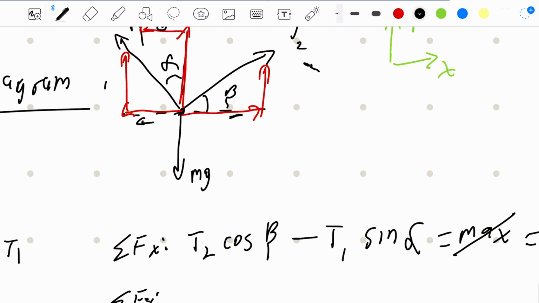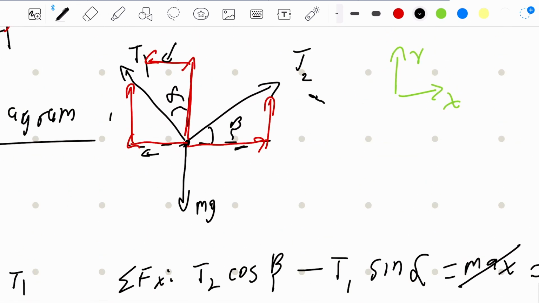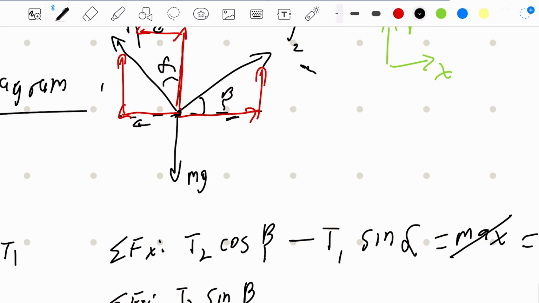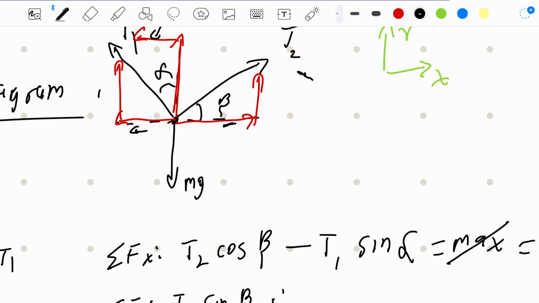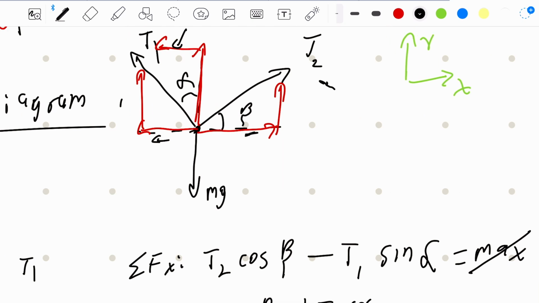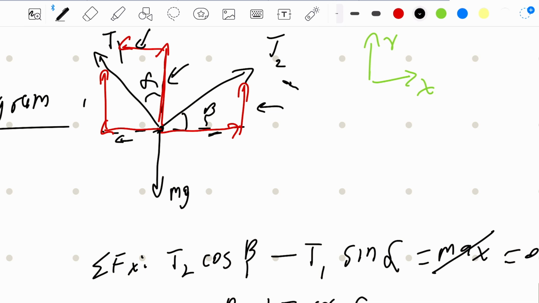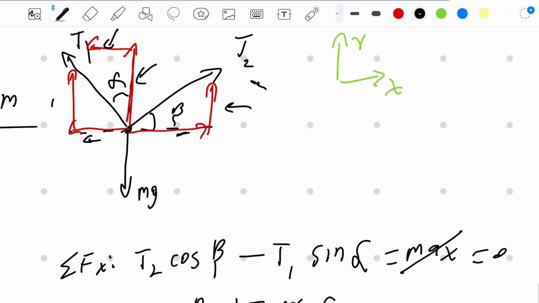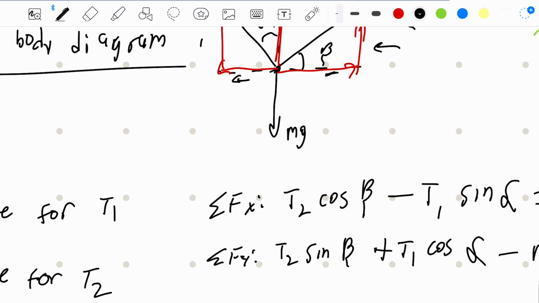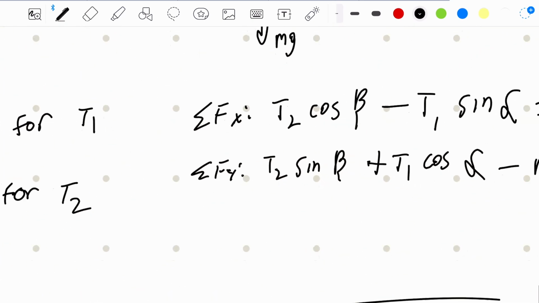So in the y direction, we have T2 sine beta, we have plus T1 cosine alpha, right? Because now this is the adjacent side that we're talking about, and these are both pointing positive, minus mg. This is also equal to 0 because it's not moving in any direction whatsoever. There's no acceleration going on to this.